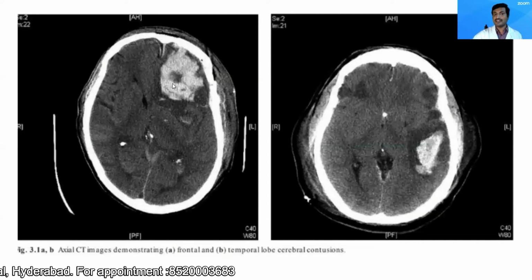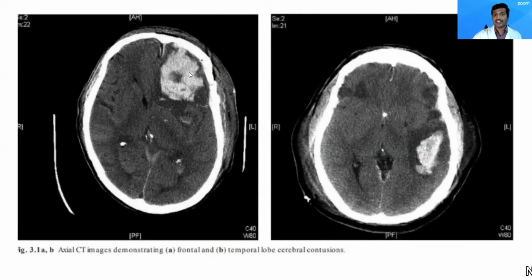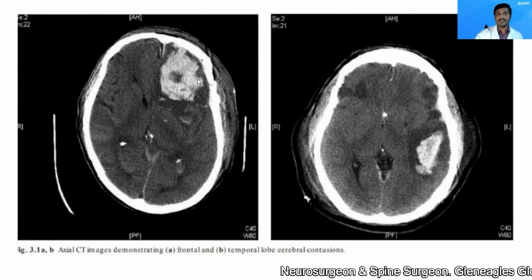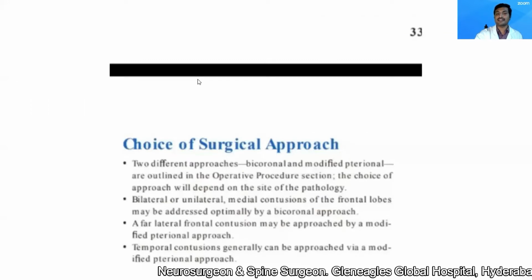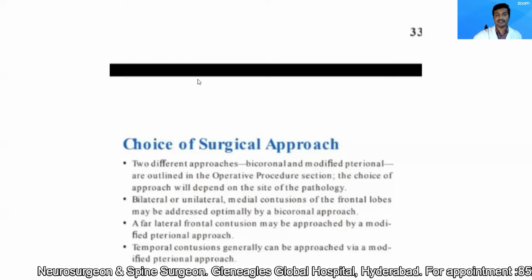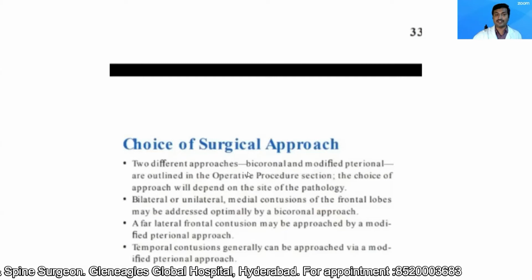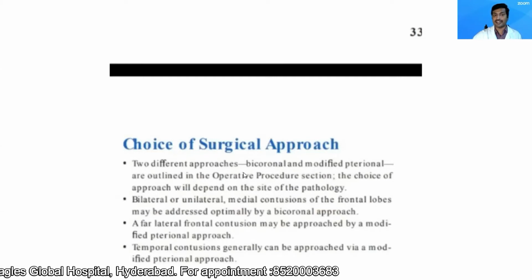This contusion can be evacuated either by the bifrontal technique or even by the modified pterional technique. This session will be discussing the medial frontal contusions, which are approached by the bicoronal technique.